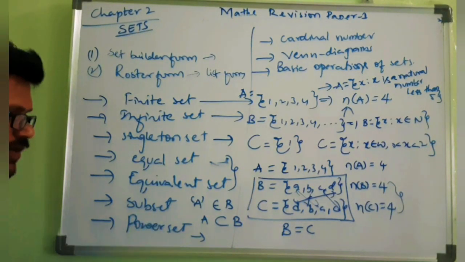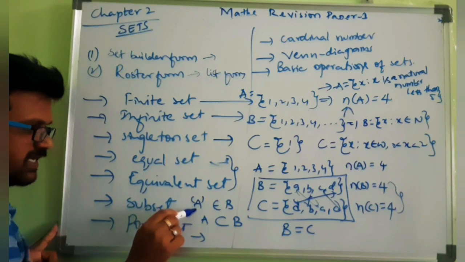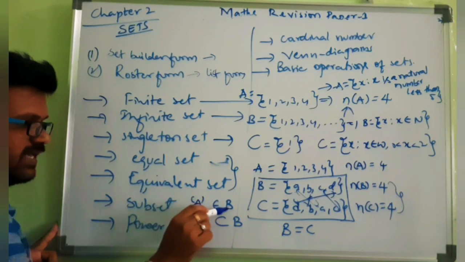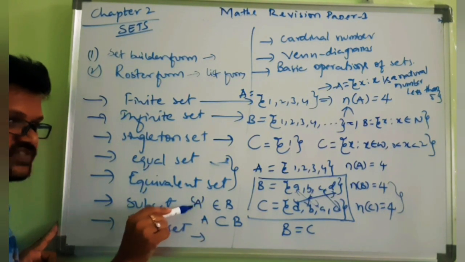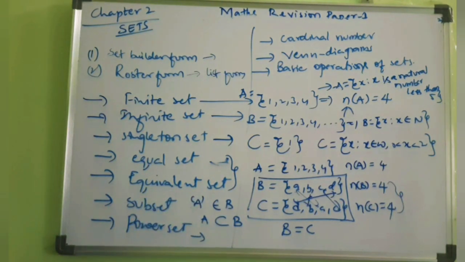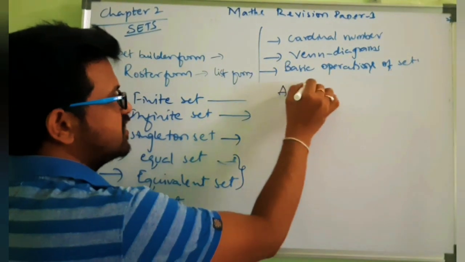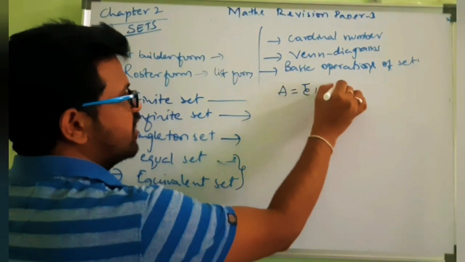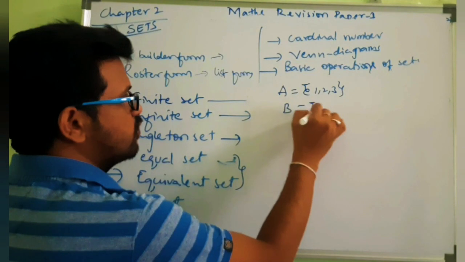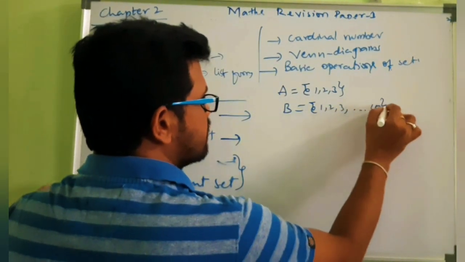And subset, what do you mean by subset? If each and every element of set A belongs to B, then A is a subset of B. Let us take one example. A is equal to 1, 2, 3, B is equal to 1, 2, 3, and so on up to 10.